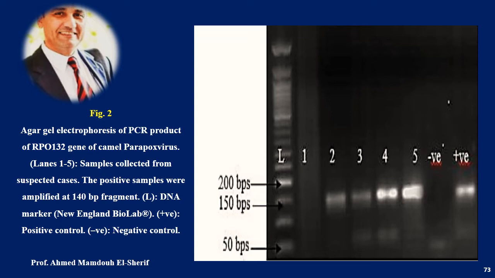Lanes 1 to 5 are samples collected from suspected cases. The positive samples were amplified at a 140 base pair fragment. L is the DNA marker from New England Biolabs, followed by the positive control and negative control.